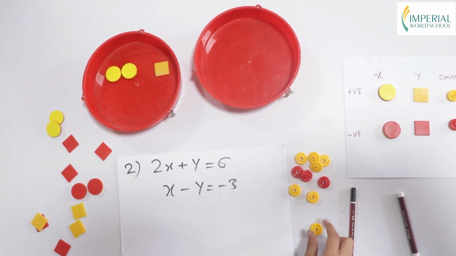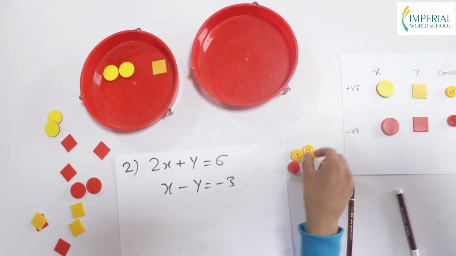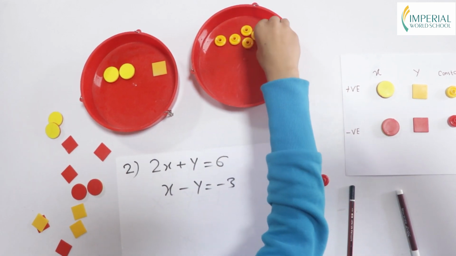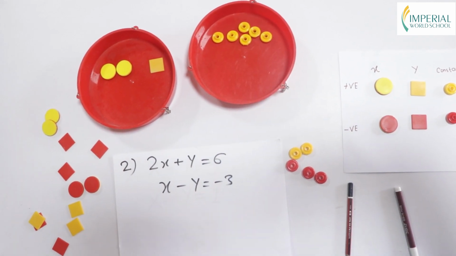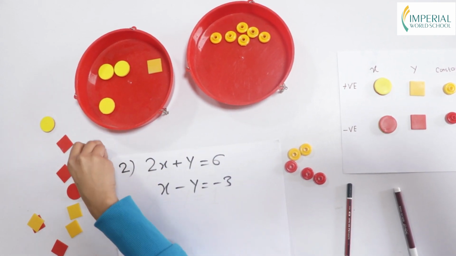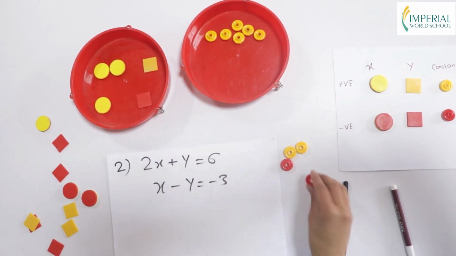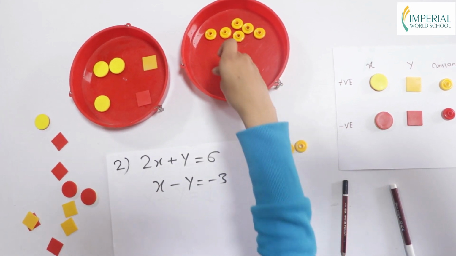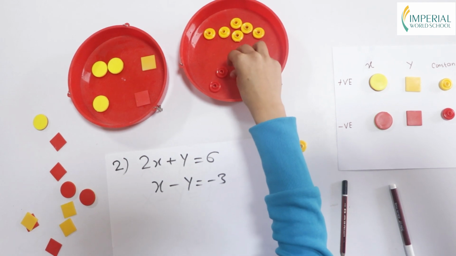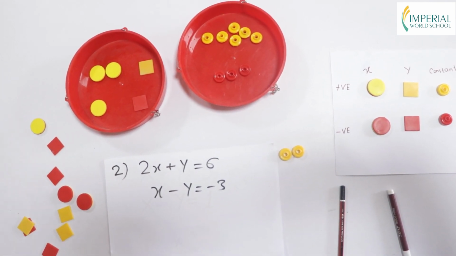Let's use these for the constants again: 1, 2, 3, 4, 5, and 6. Now for the second one, 1 positive x and 1 negative y, which means a red square. And for the constant number, it's negative 3: 1, 2, 3.